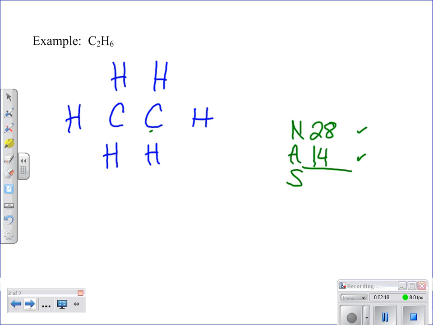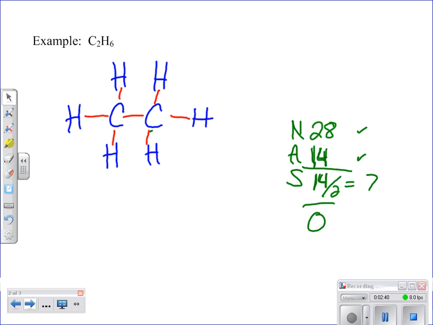Hydrogen needs 2, but it's only got 1. So it's always going to be half, meaning 14 are going to have to be shared, which equals 7 bonds. Suppose you wanted to say 14 minus 14 to get your number of lone pairs: 0 lone pairs. So 7 bonds: 1, 2, 3, 4, 5, 6, 7. Pretty easy, no lone pairs at all.